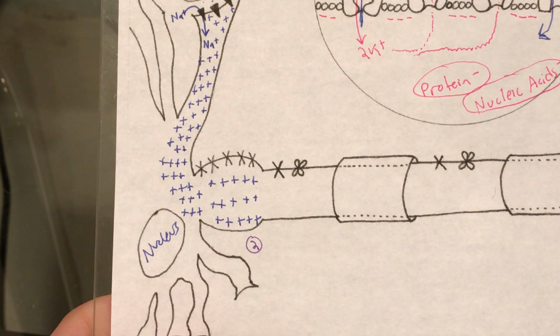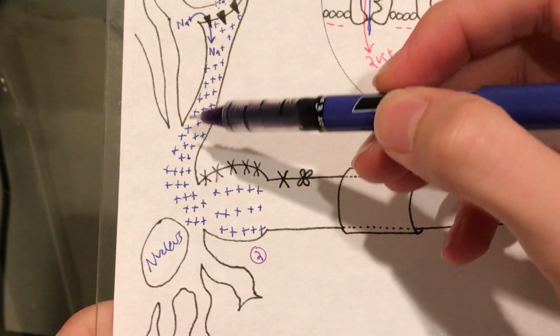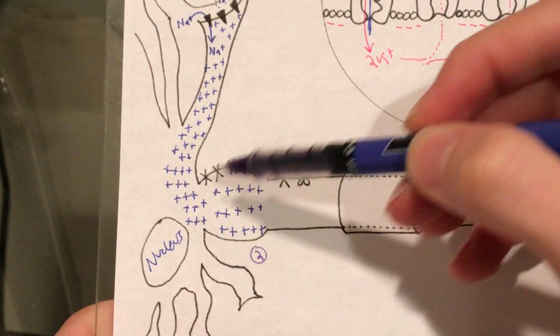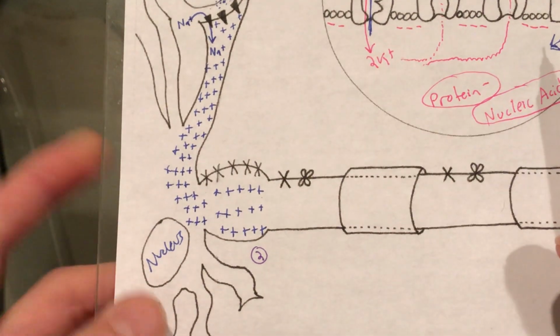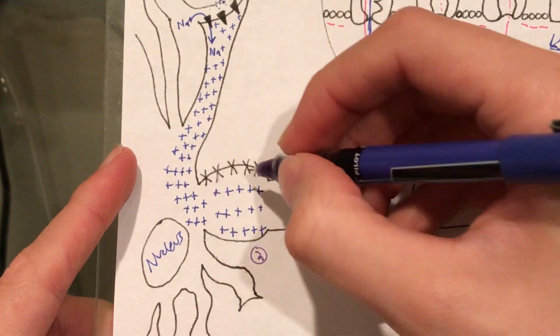This is officially where our action potential is going to pretty much be starting. I mean, we kind of started step 1 up here, but this technically is not considered an action potential yet. The action potential is going to start at the axon hillock. So in this step 2, it's activated.